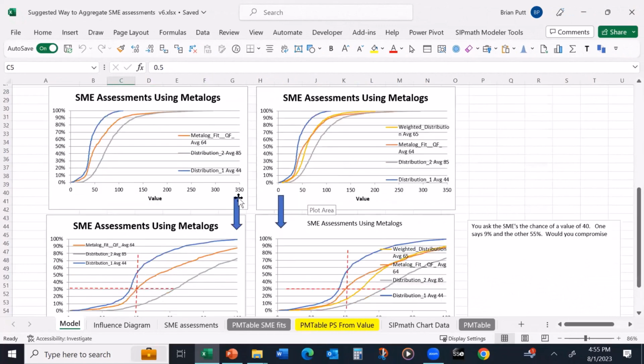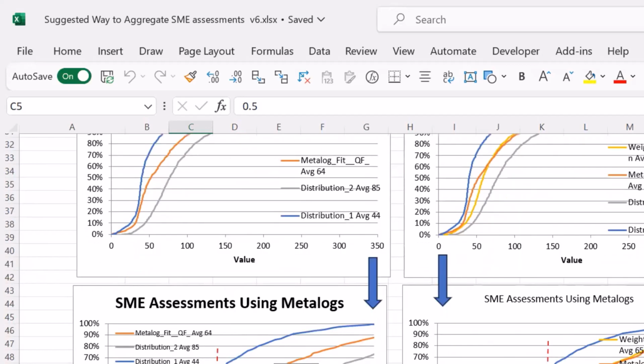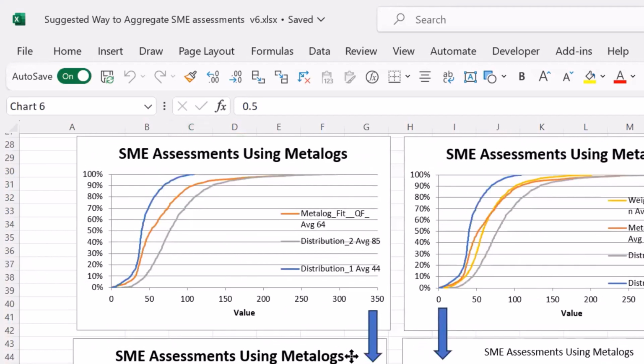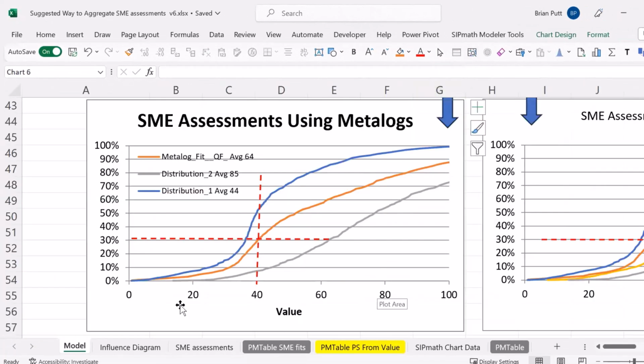But first of all, let's come back here to our method of picking up a value and calculating the percentiles and averaging those. Here are the two distributions. This one goes from 0 to 350 or 300. So what I've done is I've expanded that to look at this one, to only go from 0 to 100.